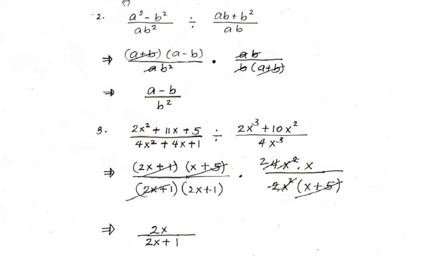Factoring also the first expression here, we have the difference of two perfect squares. We have a plus b times quantity a minus b all over ab squared.